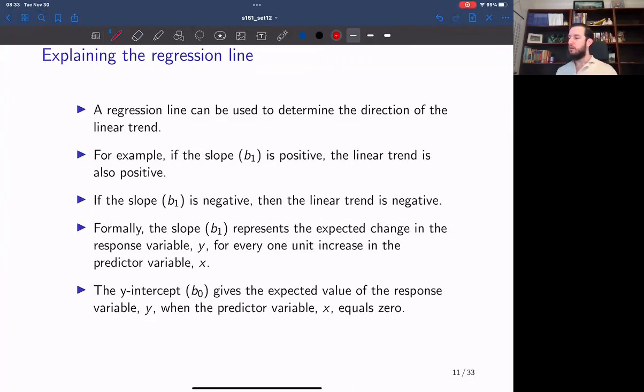Okay. So the y-intercept is the expected value of the response when the predictor is 0, but that doesn't necessarily mean the y-intercept is going to have a useful interpretation. So we have to be careful when we're interpreting this value based off of what the variables we're measuring actually are.